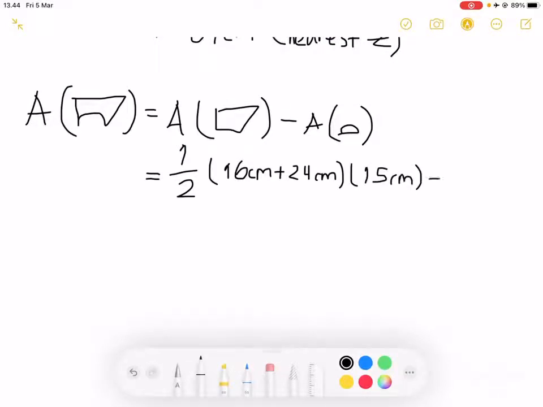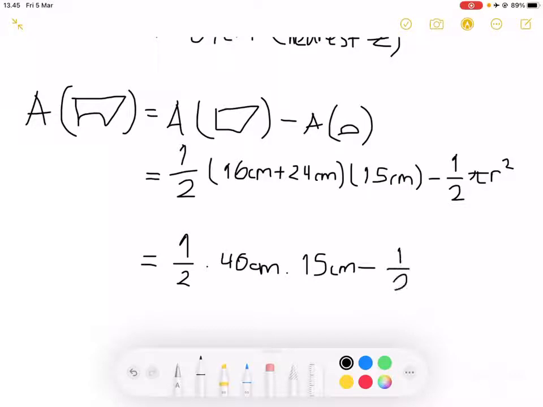minus the area of the semicircle, which is half the area of the circle that was built into this. So this will be equal to a half times 16 plus 24 is 40 centimeters times 15 centimeters. And this will be, oops, a half times 3.14 using pi.